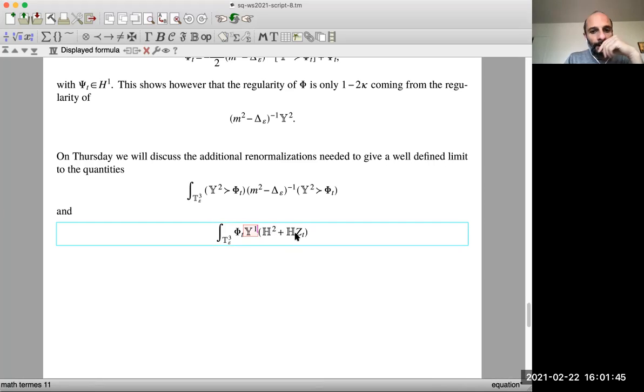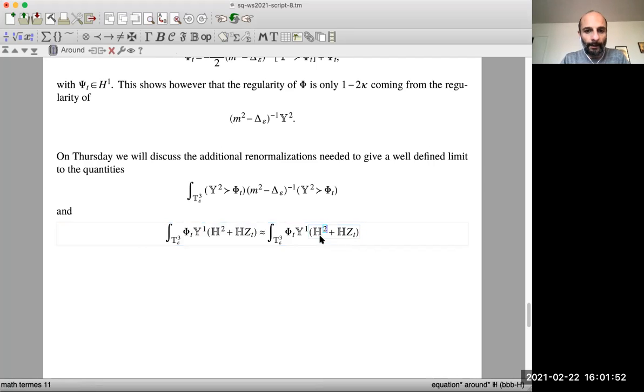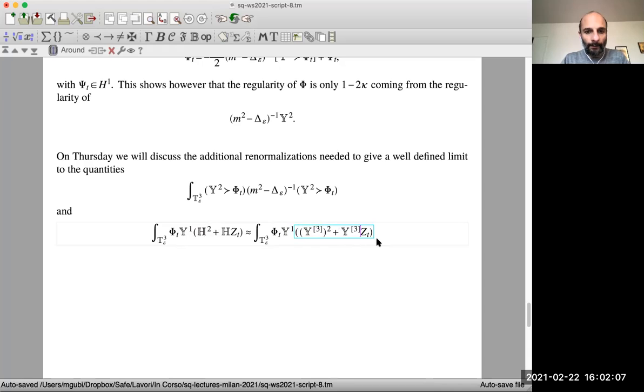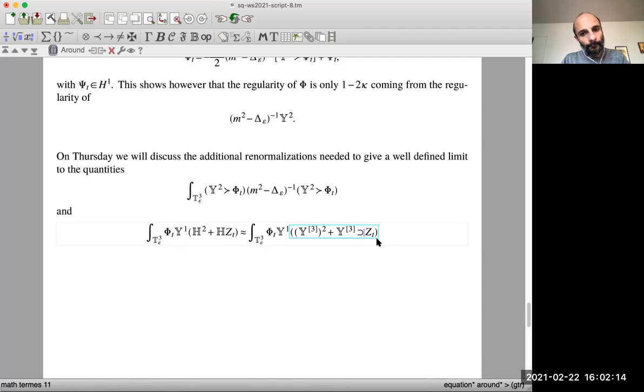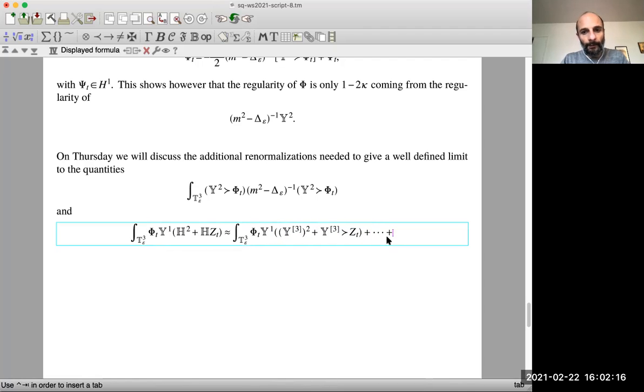Yeah, so this term will be like, it's this one, okay, because remember what is y at first order, it is like y cube, y cube squared. So there will be another y cube here. So these terms are not regular enough. So one would have to consider something like this, plus other terms eventually.